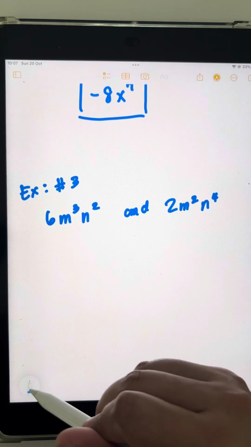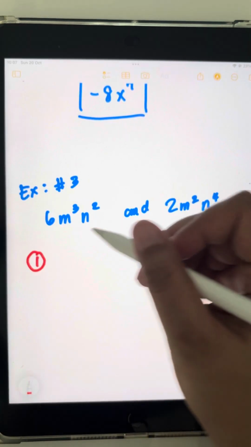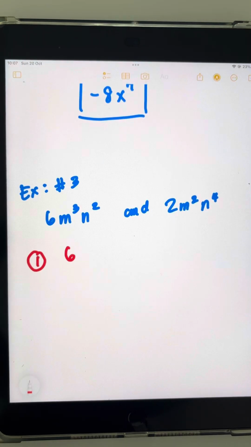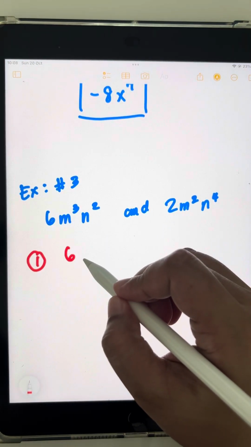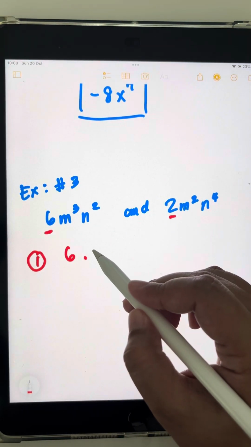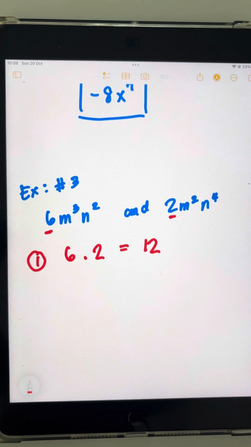Okay, so go back to the first step. The first step is multiply the coefficients. So 6 multiplied by 2 will be 12.